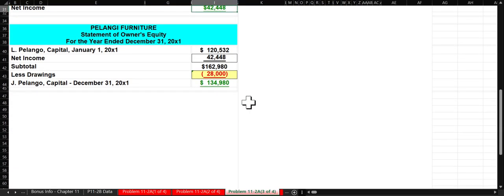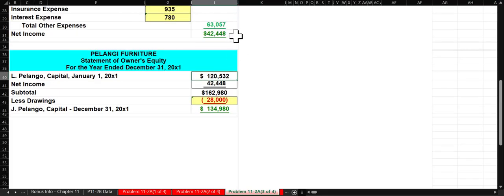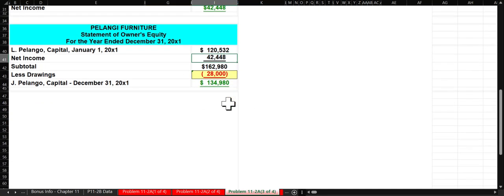The next statement that you prepare is the statement of owner's equity. You start with the beginning capital balance. You add the net income that you calculated. So that literally comes from here down to the statement of owner's equity. Then you subtract the amount withdrawn. This is from the balance sheet columns.